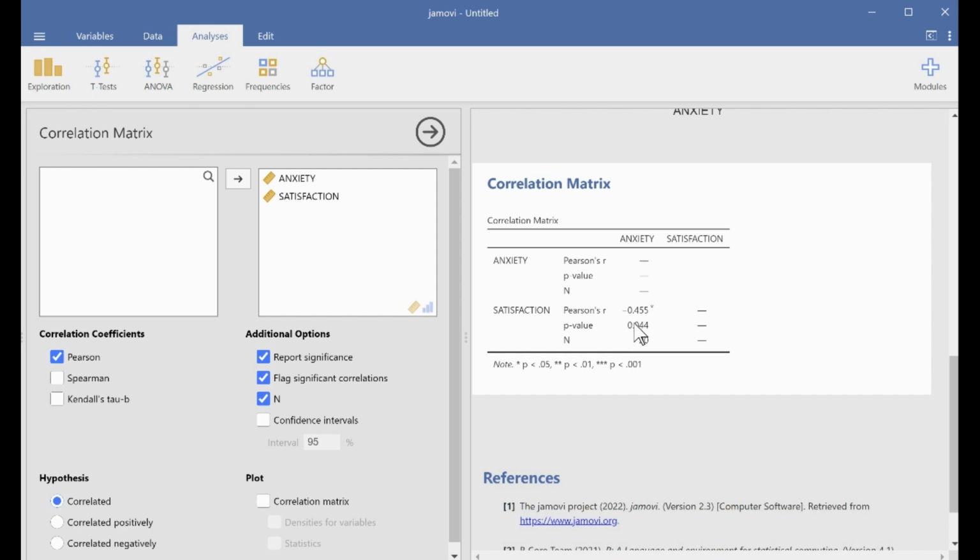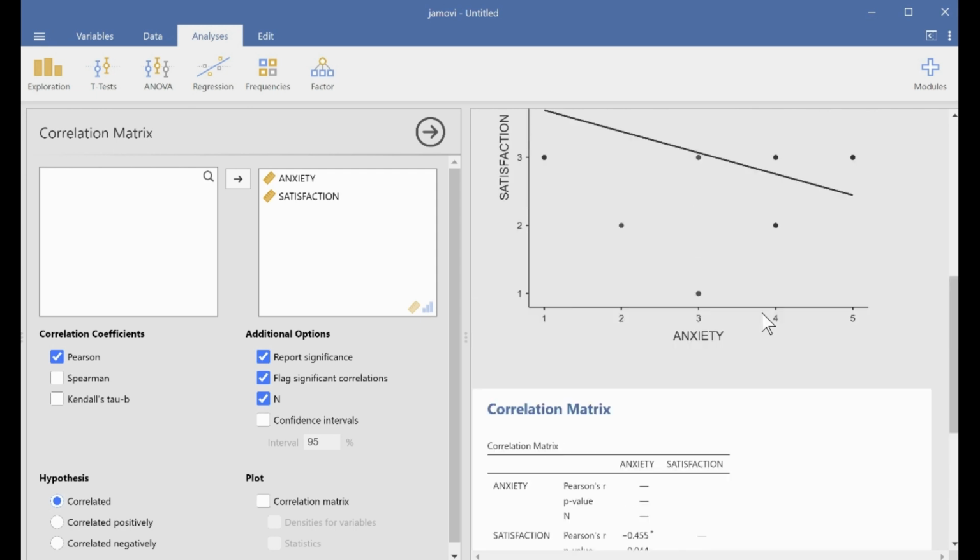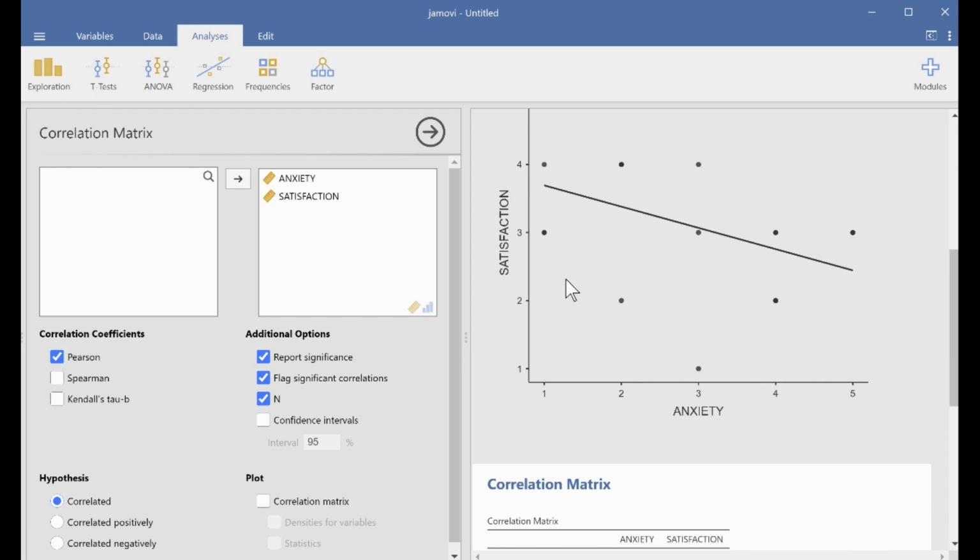What does this mean? It means that I have a significant relationship. This is a real systematic relationship, and it's negative. Let's explain it for a second. Basically, when satisfaction is high, anxiety is low, and when anxiety is high, satisfaction is low.